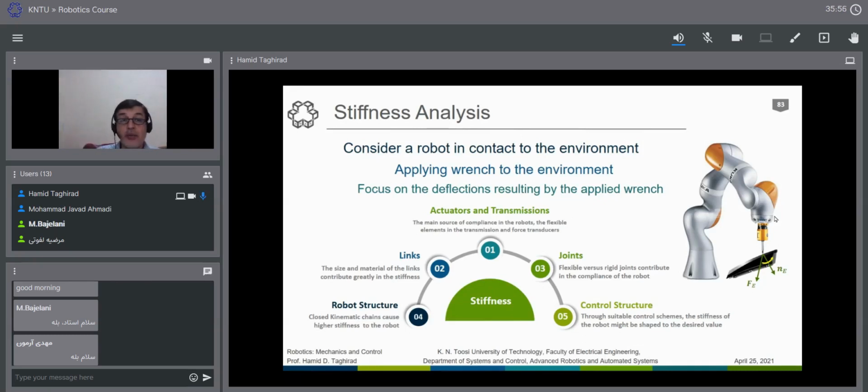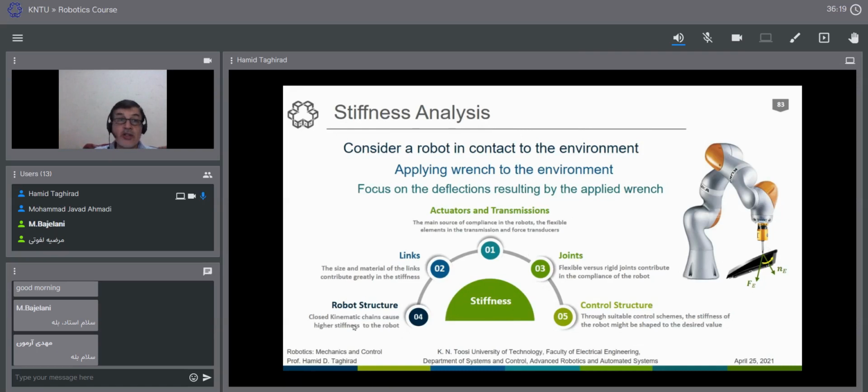Compared to that, if you have a parallel robot, with two hands together, then it becomes more stiff. If I put some force here, the deflection will be reduced. If I have only one hand, it would be much more deflective than if you have two hands all together.